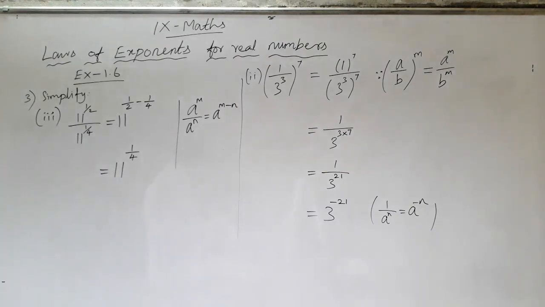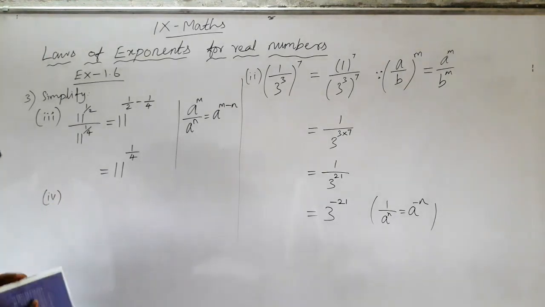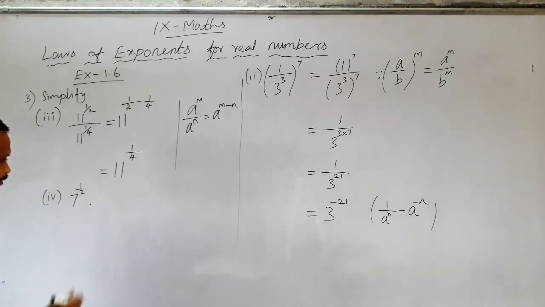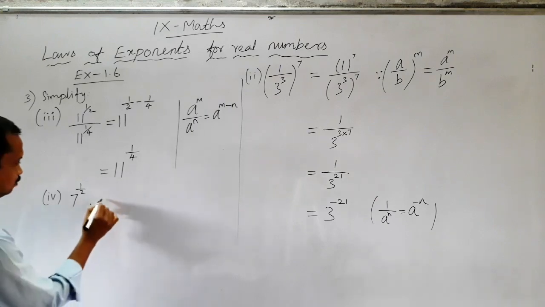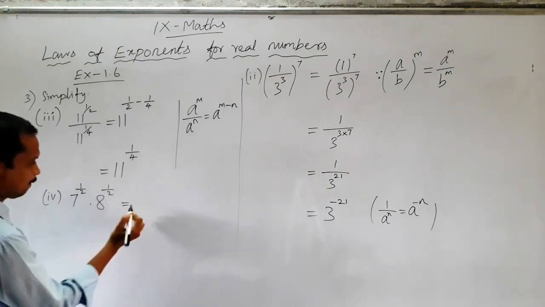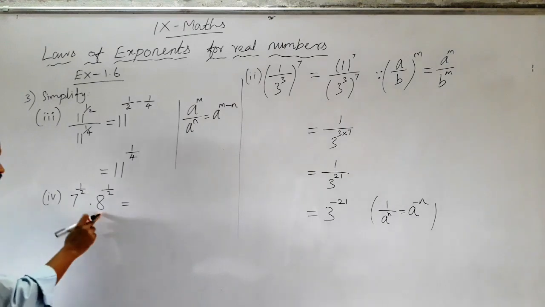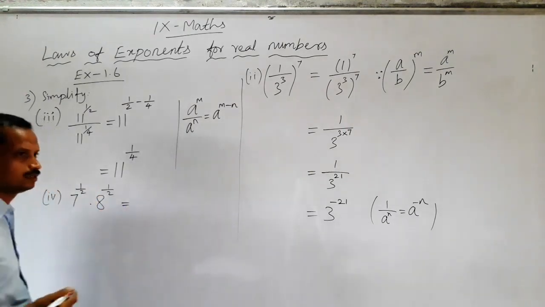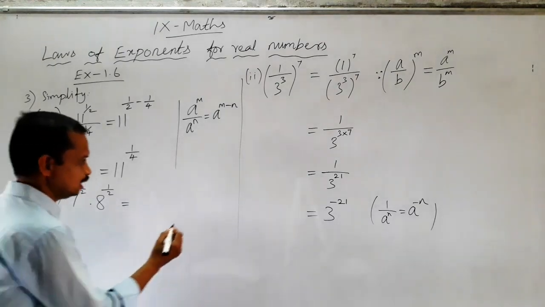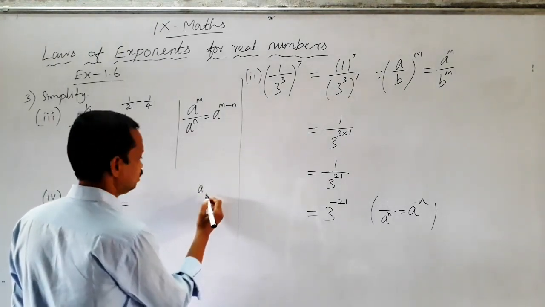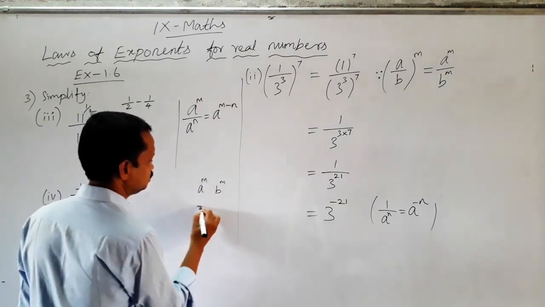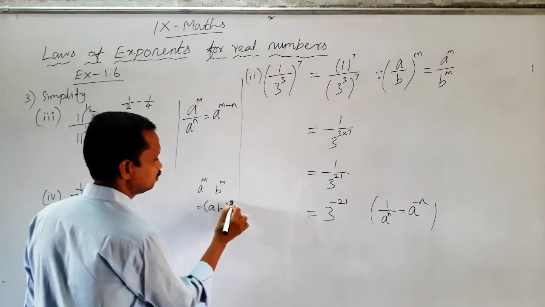And then the last one, option 4, 7 power 1 by 2 into 8 power 1 by 2. Here the bases are different but the powers, that is the exponents, are same. So we have to write a into b, that you know the law, a power m into b power m is nothing but ab whole power m.